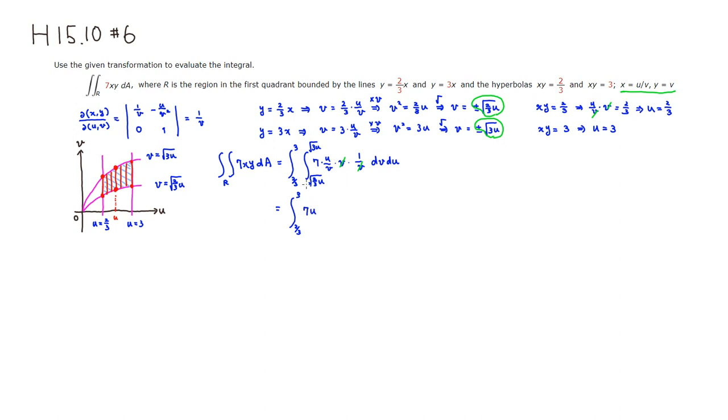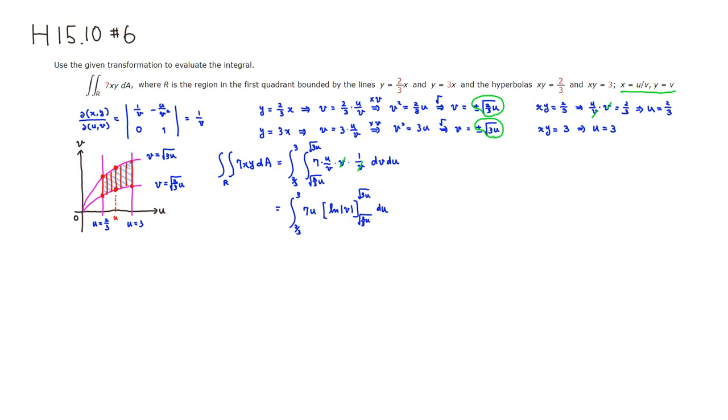Then you have a 1 over v, so the antiderivative of 1 over v would be natural log of absolute value of v. And this is going from square root of 2/3 u to square root of 3u. And we still have to take the integral with respect to u.